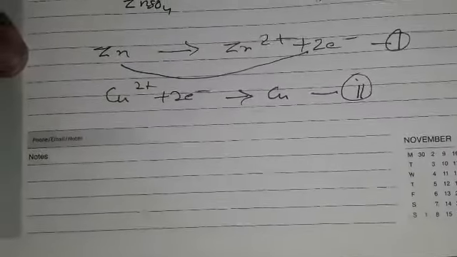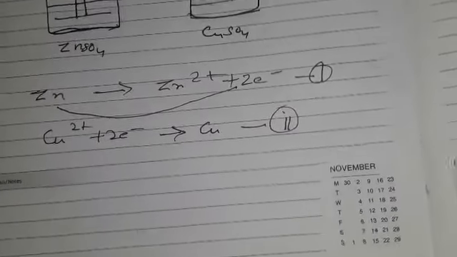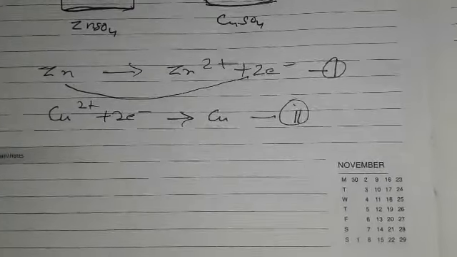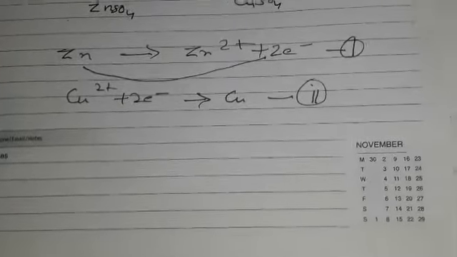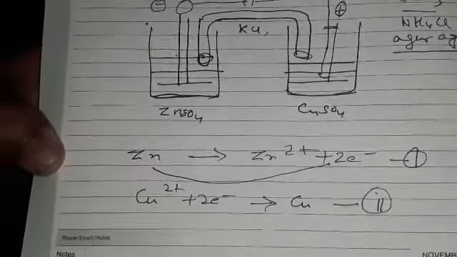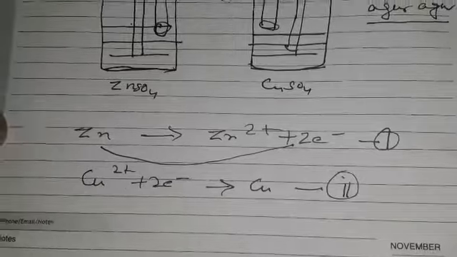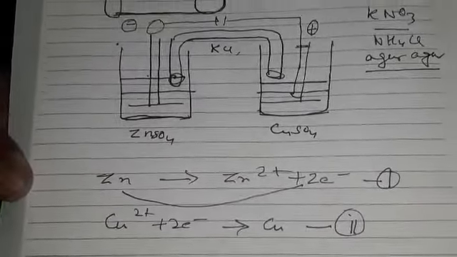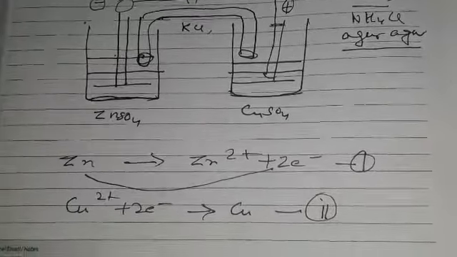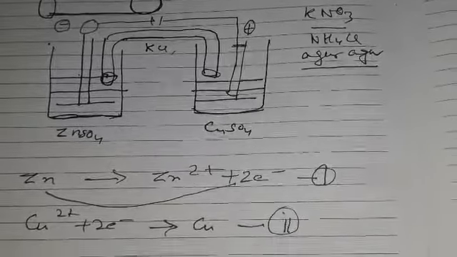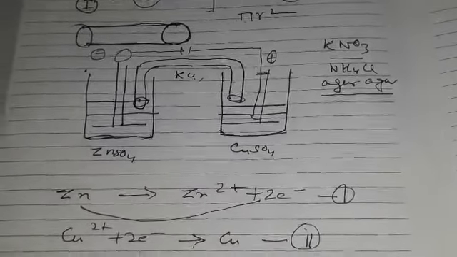First we will understand the electrochemical series of elements. Those that are highly electropositive are very strong reducing agents, and those that are electronegative like fluorine, chlorine, bromine, whatever we see in the electrochemical series, those which are below hydrogen in the electrochemical series.